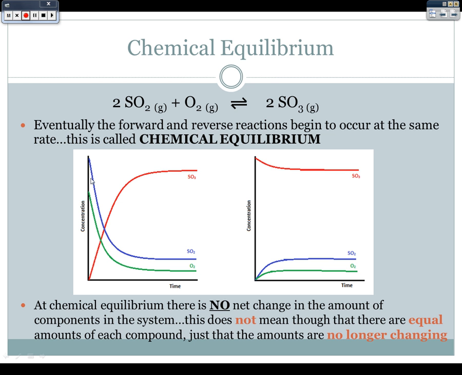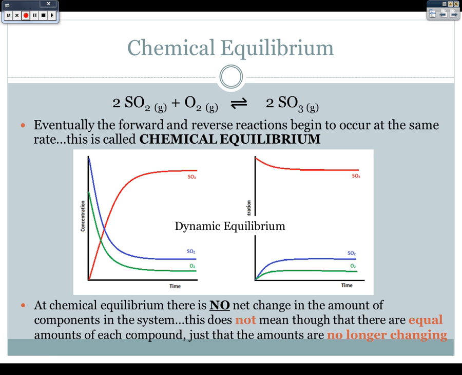In my forward reaction, I was using up all my SO2 and O2 to make SO3, and so that started to decrease, and eventually it slows down so that the amount of SO2 is no longer changing. Same thing here in the reverse reaction, where we start actually making a little bit of SO2 and O2. Now those levels level off.